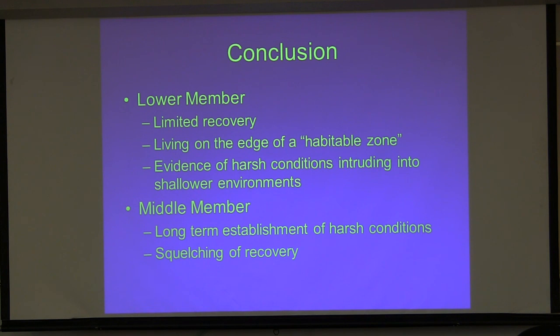It was most likely at the edge of a habitable zone, and there was evidence of harsh conditions intruding into this shallow environment periodically. The middle member was the long-term establishment of these harsh conditions and the squelching of any recovery that had occurred in the lower member.